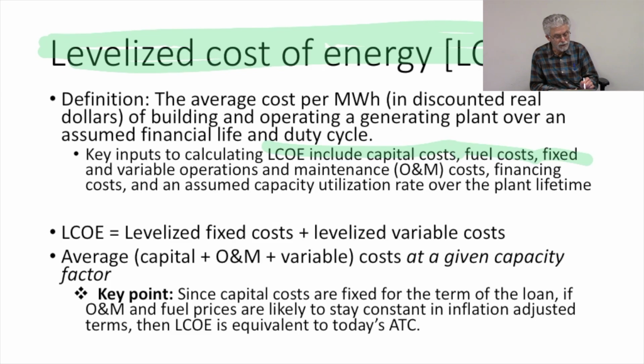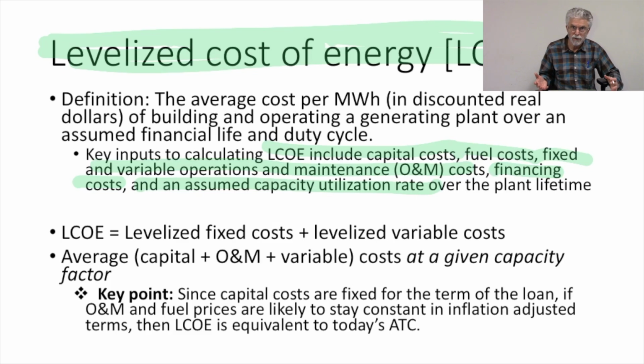And then I have fixed and variable operation and maintenance costs. I already talked about the capital costs. We also have financing costs. And then we have some assumed capacity utilization rate for the plant over the plant's lifetime.